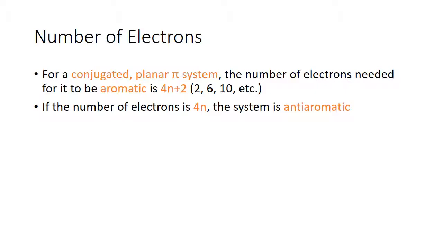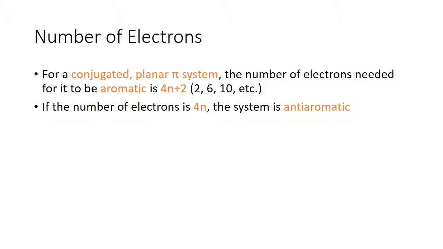So, for a conjugated planar pi system, if it's aromatic, it has 4n plus 2 electrons. So there's 3 things: conjugated, planar, and 4n plus 2. If it is conjugated, planar, and 4n electrons, then it's anti-aromatic.